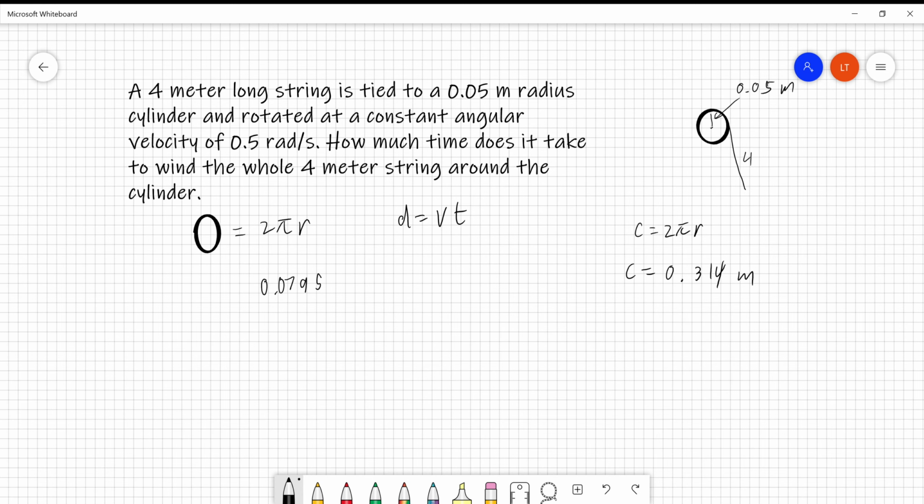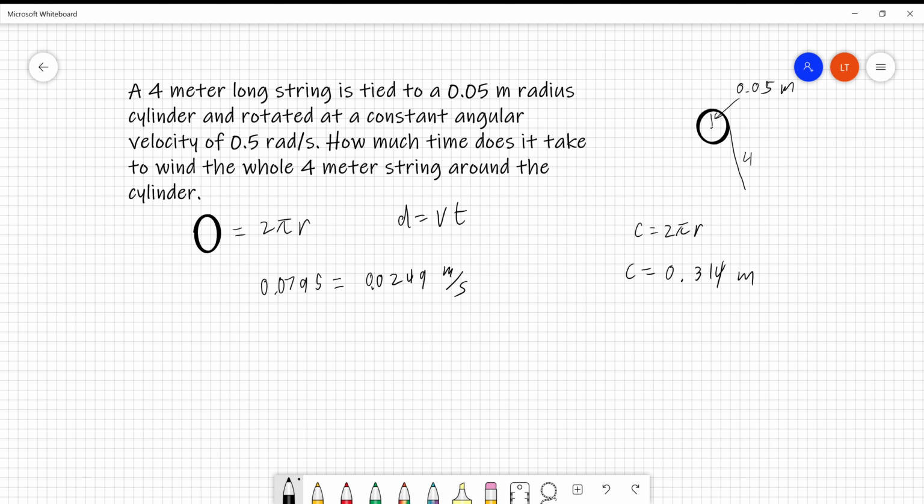So we can take that number and multiply it by our circumference, which gives meters per second. Okay.